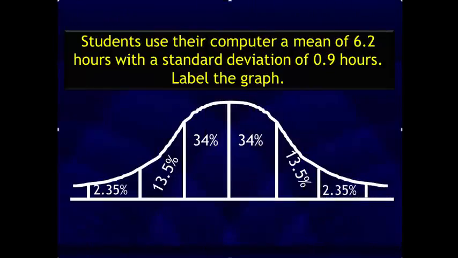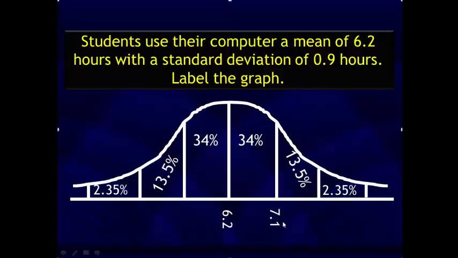Let us have another problem. Students use their computer having a mean of 6.2 hours with a standard deviation of 0.9 hours. Let us try to label the graph. Here is our mean, which is 6.2. We have 7.1 because that is 6.2 plus 1 standard deviation, which is 0.9.